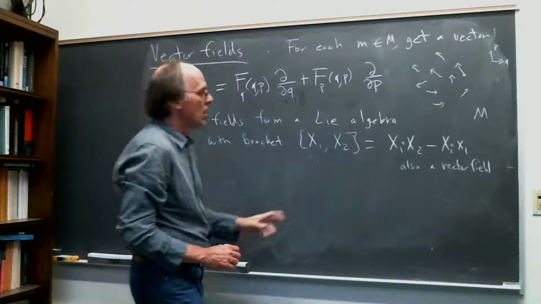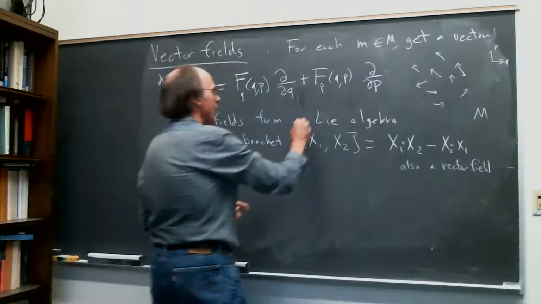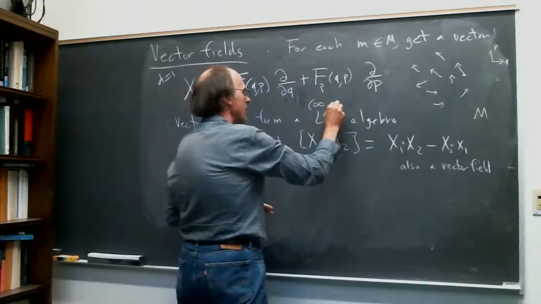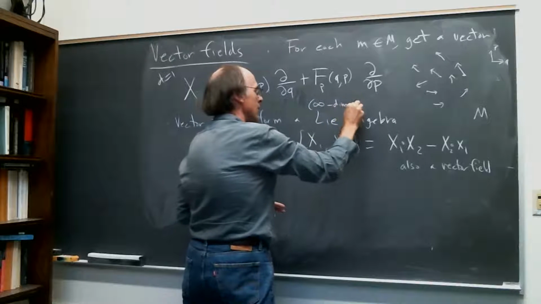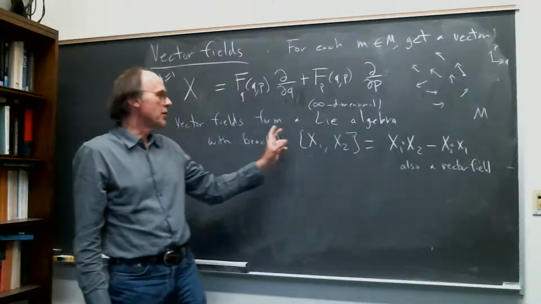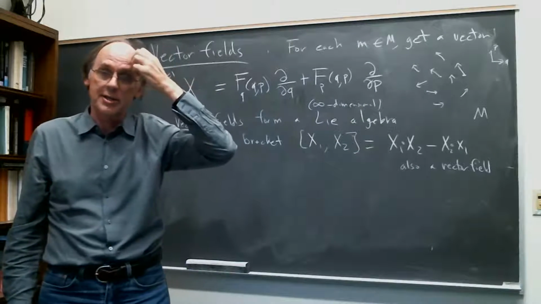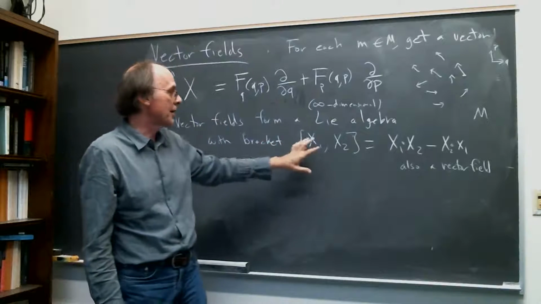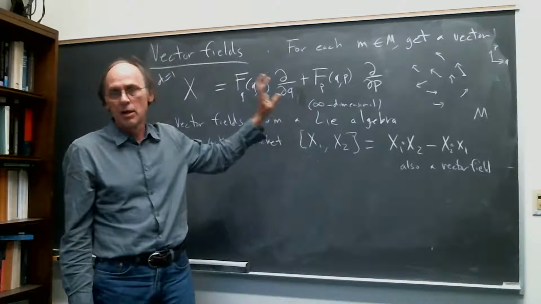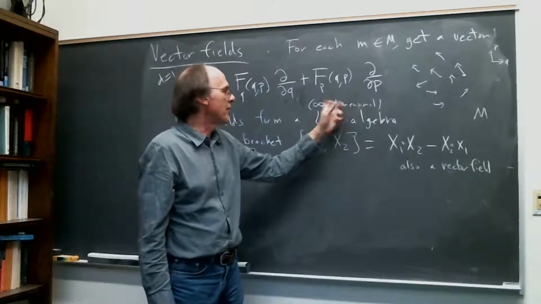Okay, and this is an example of an infinite dimensional Lie algebra. Very often you talk about vector fields in geometry or in various applications, but you don't necessarily think of them as a Lie algebra, purely because they're infinite dimensional.